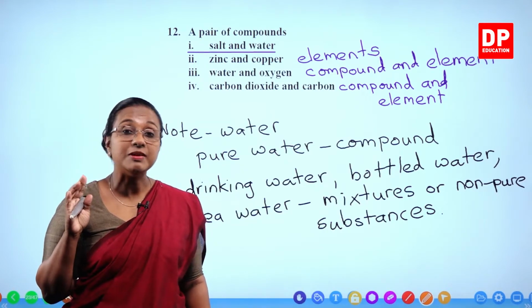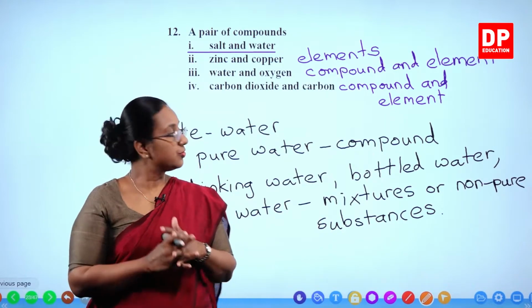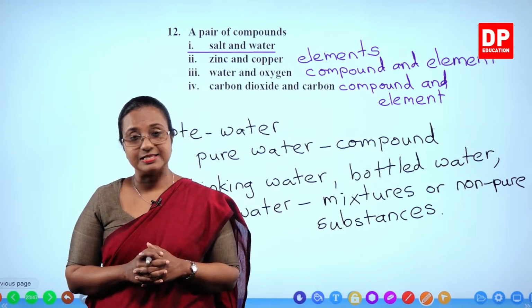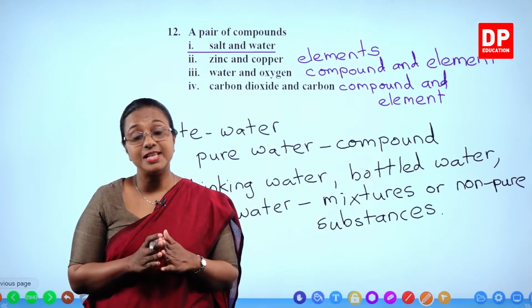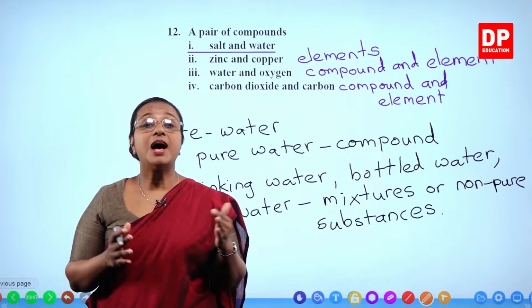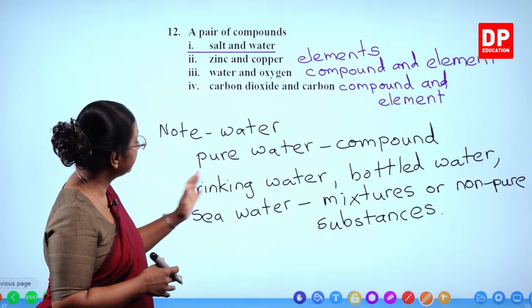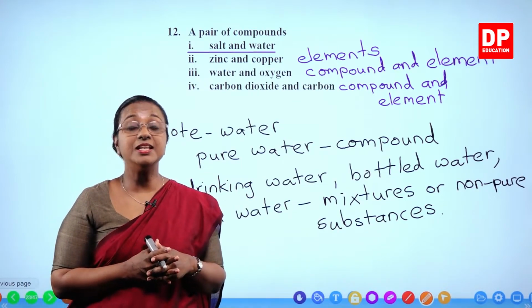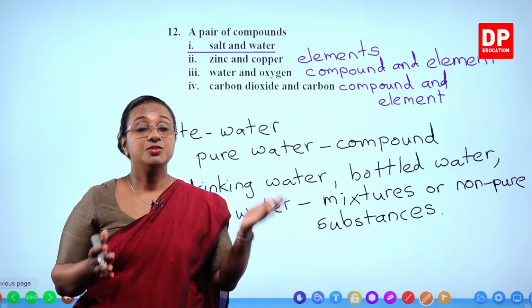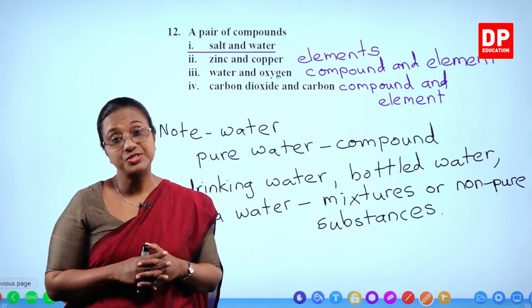So from that we were able to conclude pure water has a fixed density, whereas other samples, different water from different places, because there are substances dissolved in it, the density is different. So that means those are all mixtures or non-pure substances.